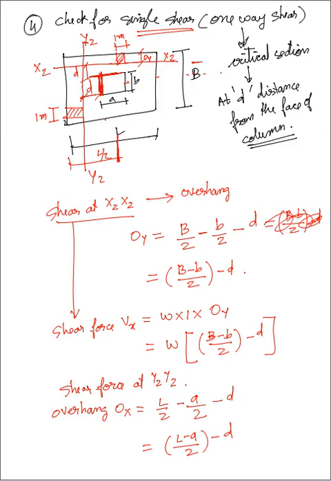Okay, so the next thing which we have to find out is your shear force. So what will be the shear force? Shear force will be the force acting on this strip, right? So that is the load multiplied by the area of the strip. So shear force at y2 y2, Vy is equal to your load w multiplied by the area of this strip, which is 1 multiplied by OX.